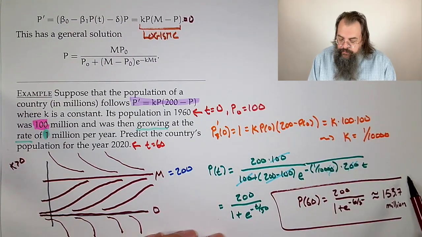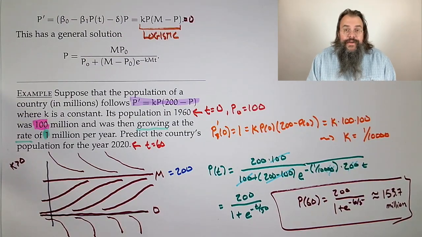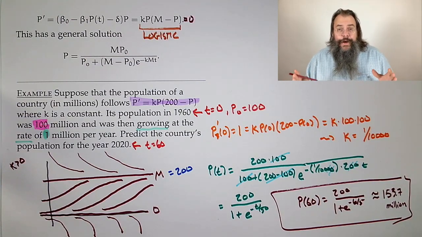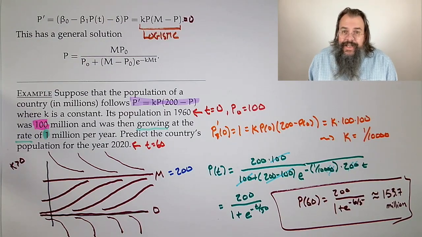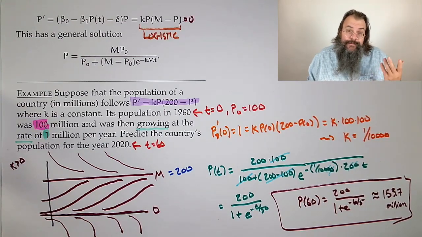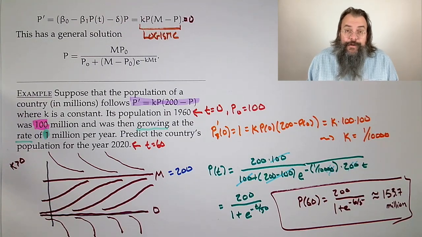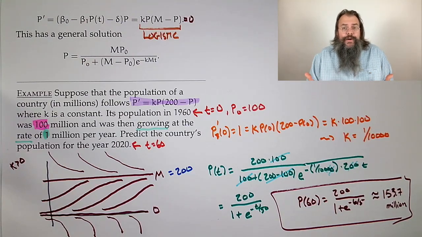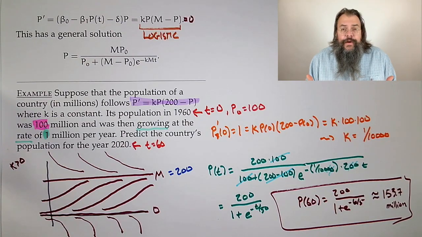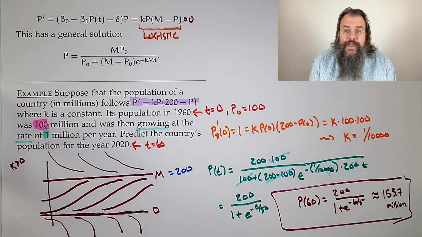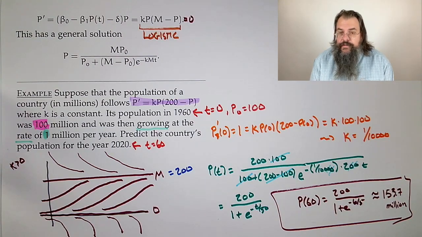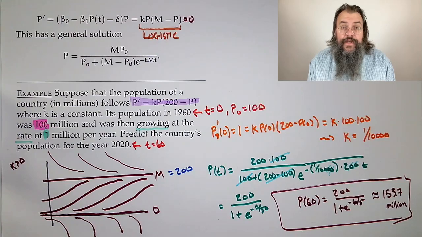That's the answer. Now, we're done, but it's okay for us to take a second and ask the question, is this reasonable? Because sometimes people just say, okay, I have a number, I move on, I won't think about it, even though their number might not make any sense. Suppose that we had done this computation and out came the number 15, like 15 million people.